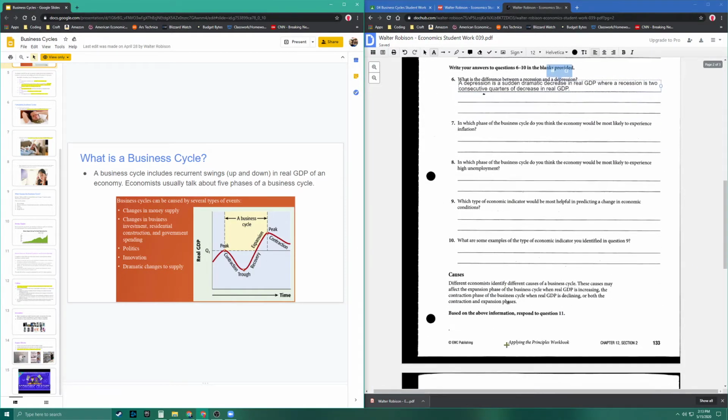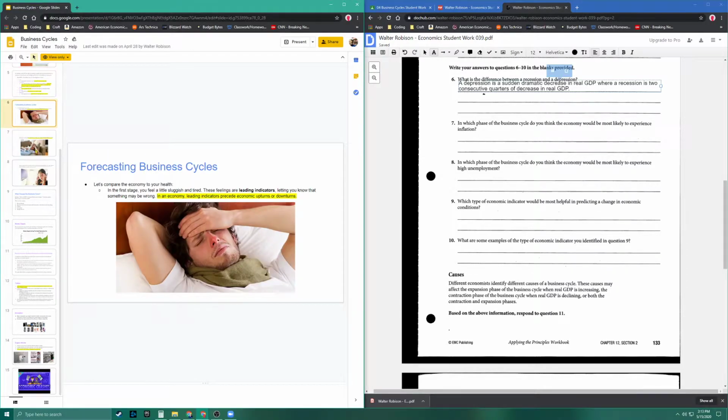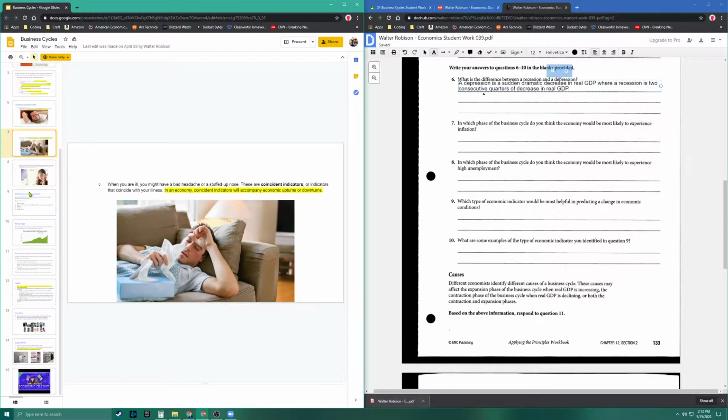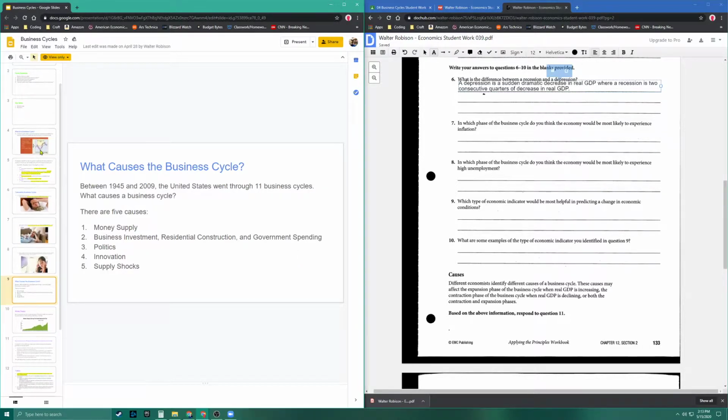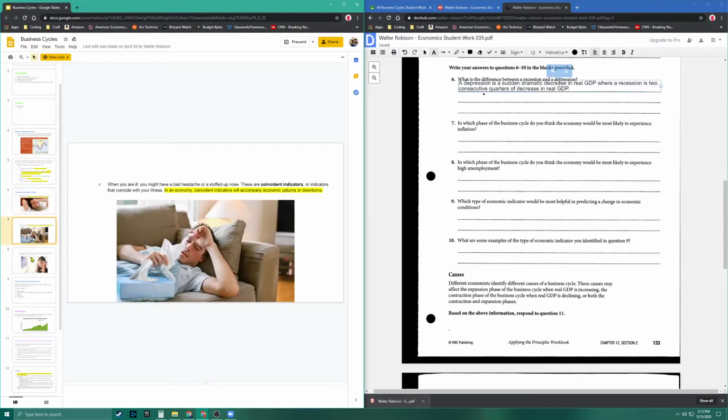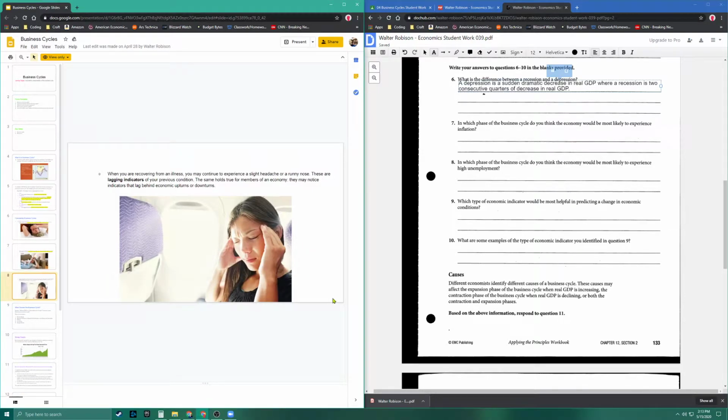All right. So question 7. In which phase of the business cycle do you think that the economy would be most likely to experience inflation? Well, you could guess, or you can also just look at these. Okay, these are the leading indicators. And it's going to tell you things like what happens. So for this one, inflation is most likely going to occur during the expansion phase.